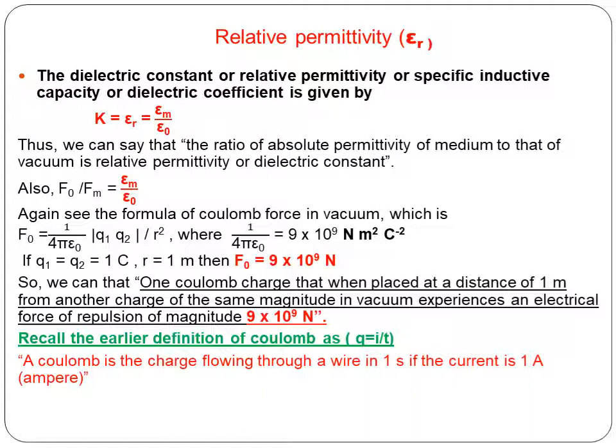So we can say the ratio of absolute permittivity of medium to that of vacuum is relative permittivity or dielectric constant. Again, if we find F naught by Fm, we will get its value epsilon m by epsilon naught, which is nothing but epsilon r.